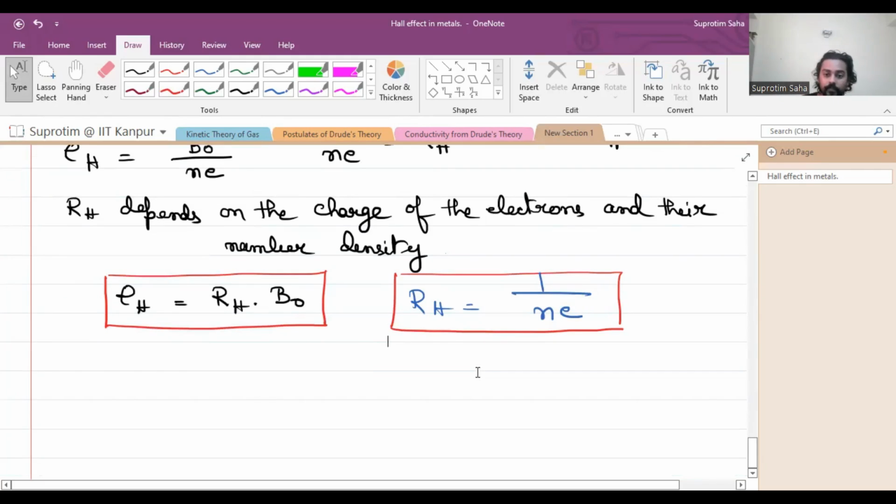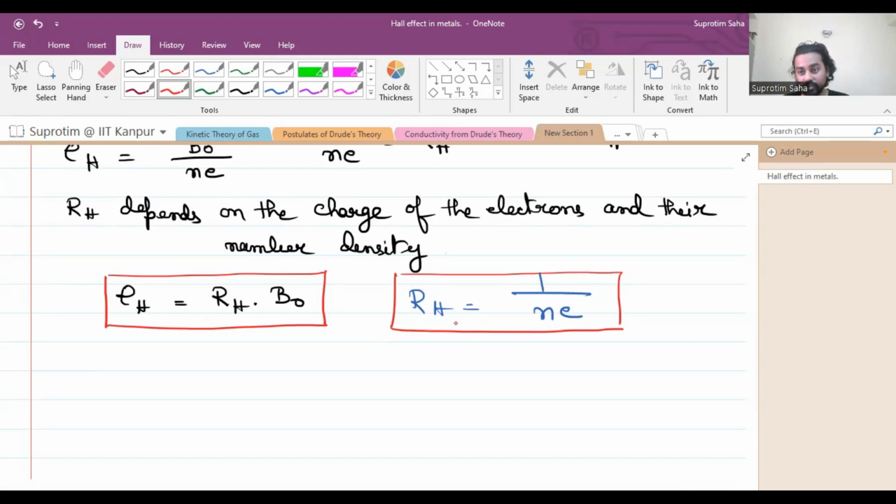Now, I was talking about the Hall sensors. A Hall sensor is an application of this Hall effect. If you have an unknown magnetic field that you want to measure, you measure the Hall voltage, which I'm going to derive.